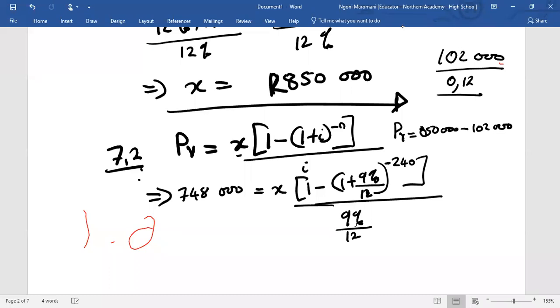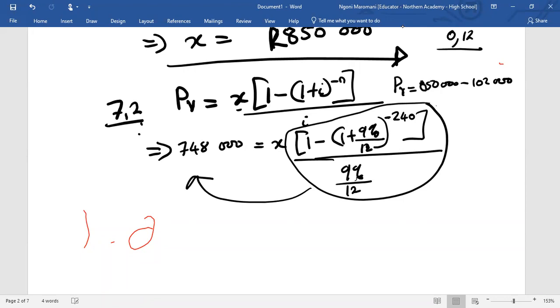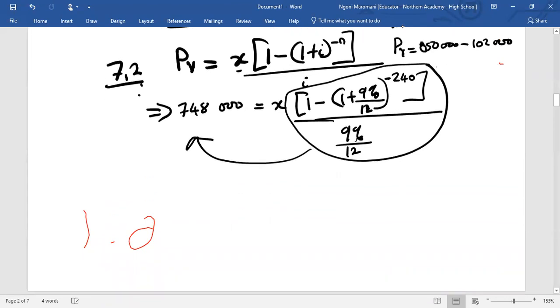Do you see that one, guys? So you are going to use your Casio here. You punch the whole of this thing into the Casio. The answer you get, you divide it into that one. So what do we get here for our X?